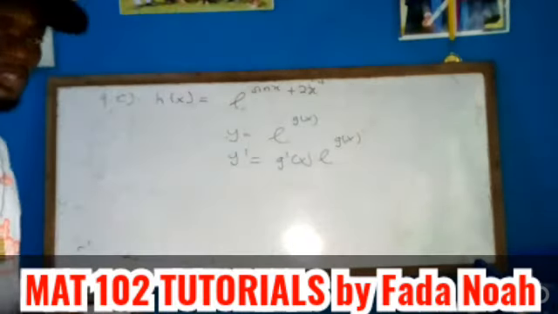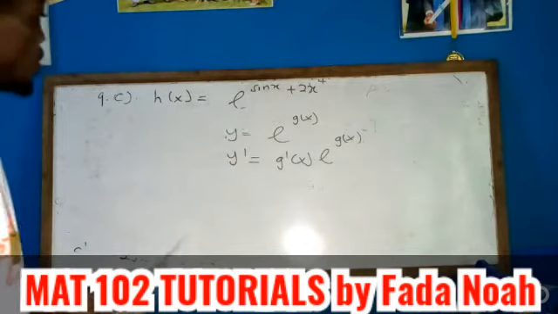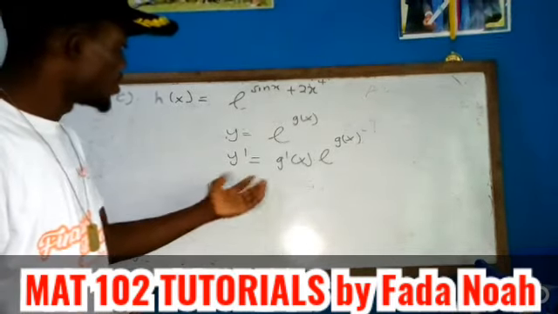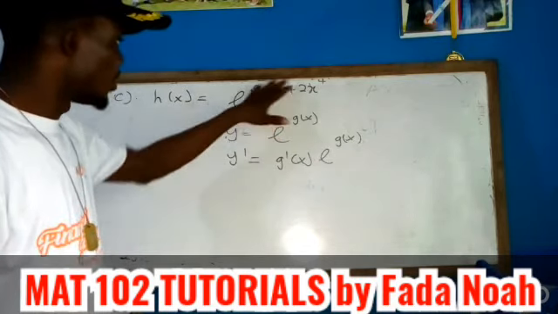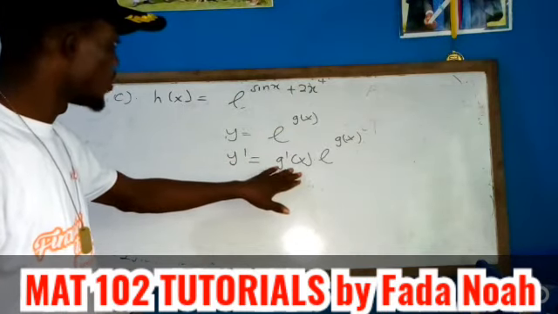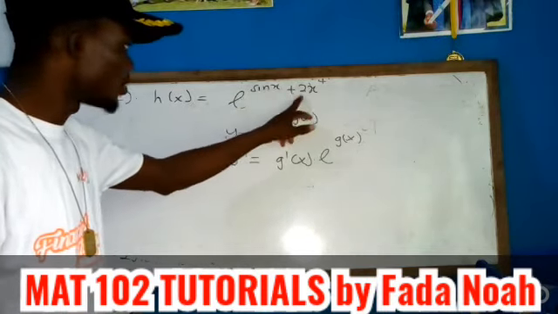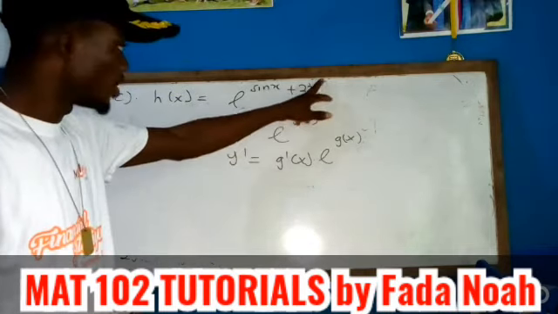So this is the rule for differentiating an exponential function. Okay, so our target here is to find g of x and then differentiate it. So by comparison, we see that our g of x over here will be sine x plus 2x exponent 4.